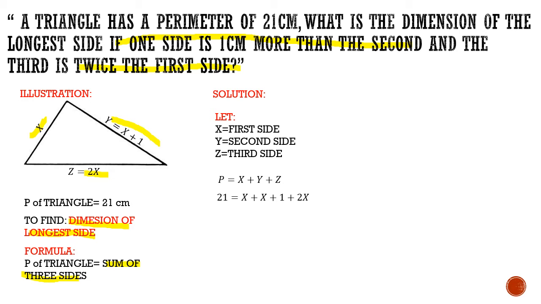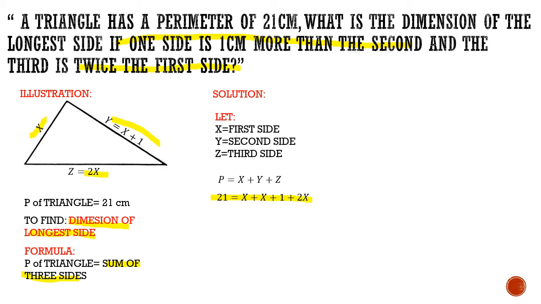So, first we have the 21 centimeter. So, x as x, and y, which is x plus 1, and for z, we have 2x. So, we have 21 is equal to x plus 1 plus 2x.